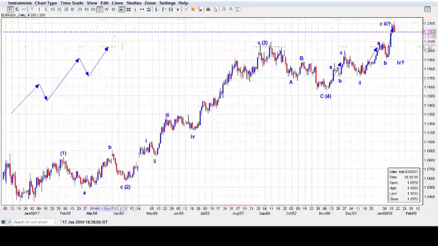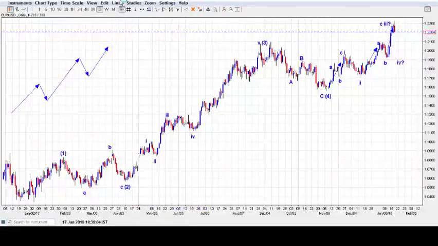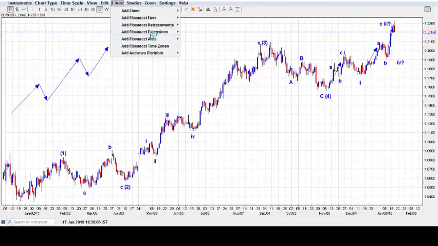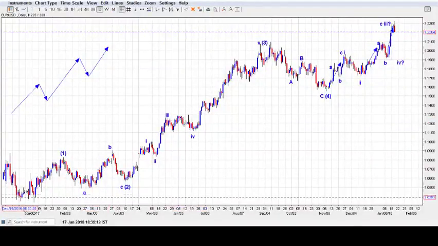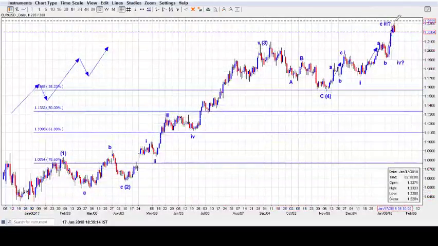All right. Okay. Now the overall scenario. Let's presume that a new impulse wave has begun from 1.03. There are two probabilities here as well, but let's try and simplify. Let's say this is the first one.